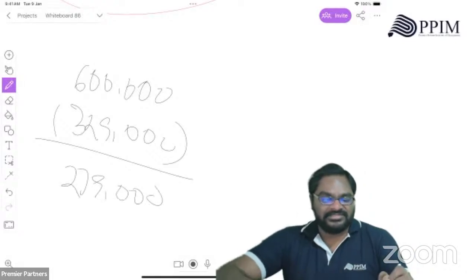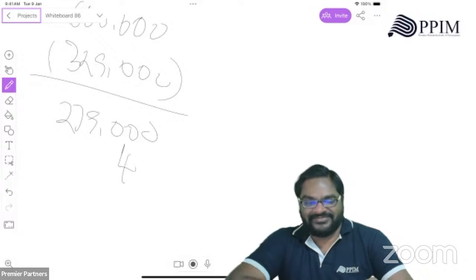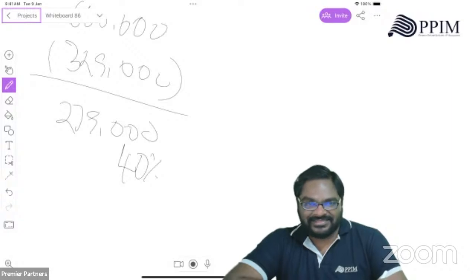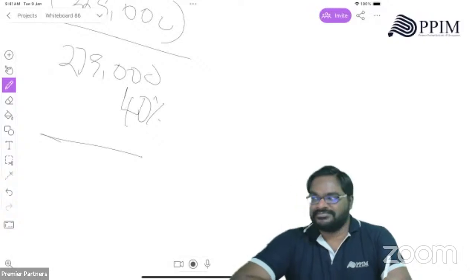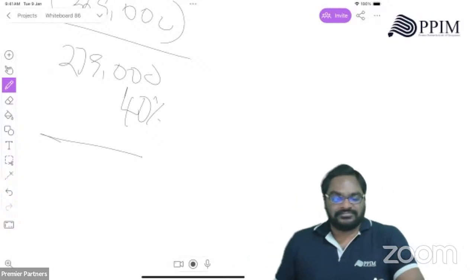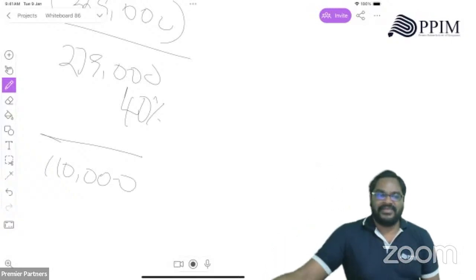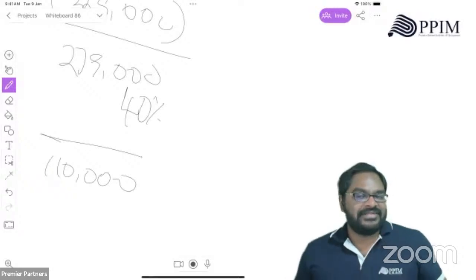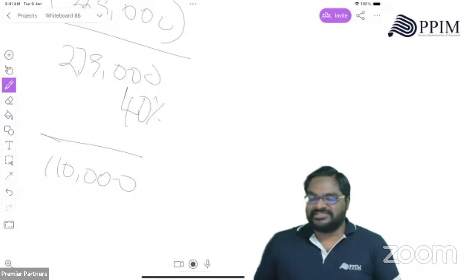And what is the IHT rate? 40%, right? This is after death. So that means how much? Then you have something called taper relief. Can you remember? It depends on the time gap between the gift and the death. So how much is the time gap? 6 years.